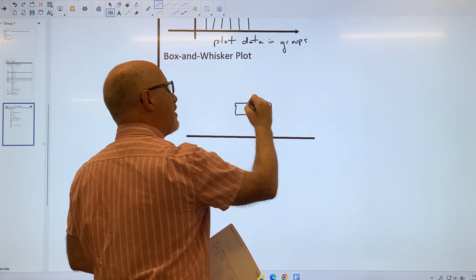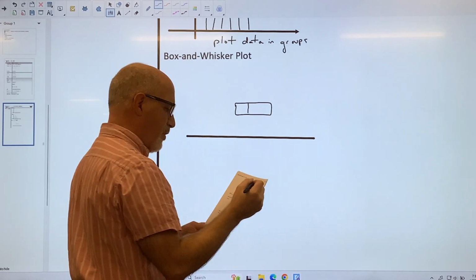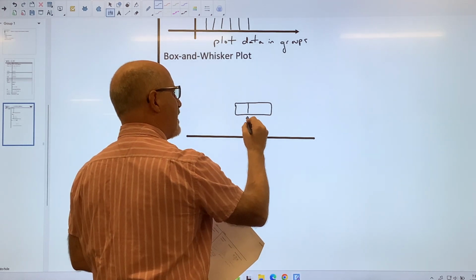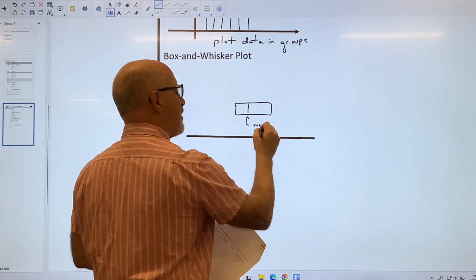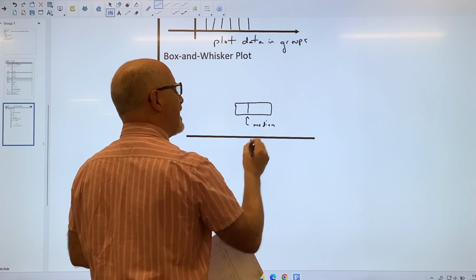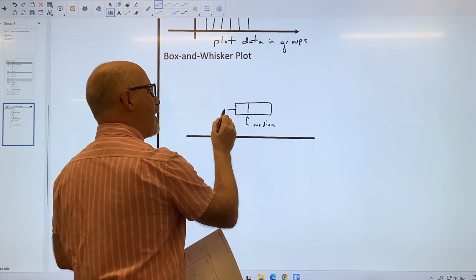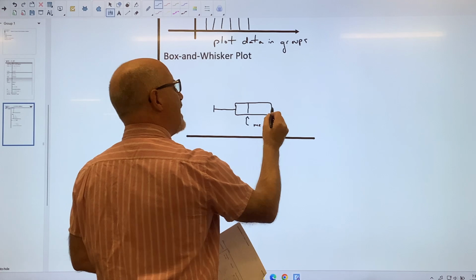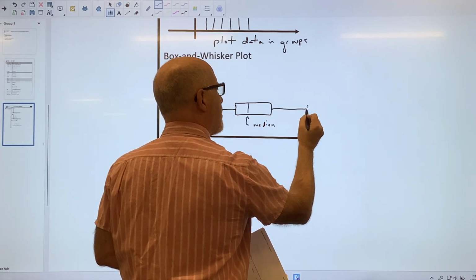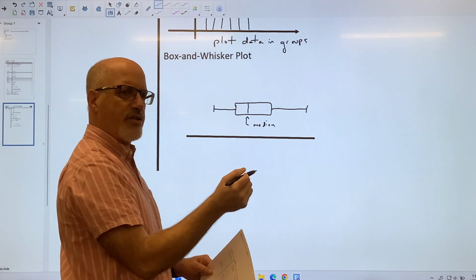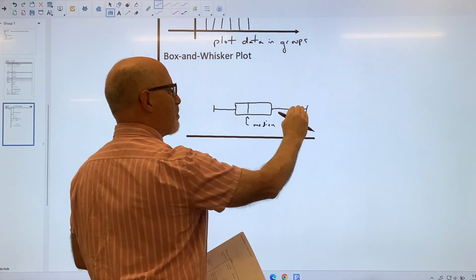And then in the middle here, we're going to have what's called the median. So this spot here is the median of the graph. And then out here, the 25% on the lower side, and then the 25% on the upper side. These are called the whiskers. So a box and whisker plot.